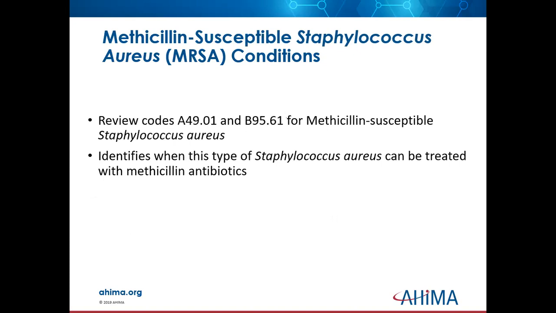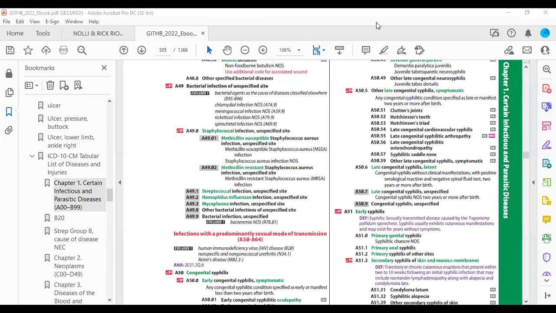Let's take a look at codes A49.01 and B95.61. So let's take a look here. Code category, bacterial infection. Note the Excludes1 notes.